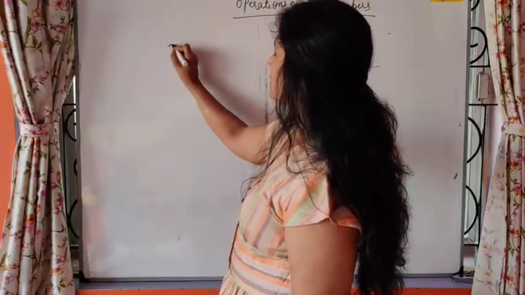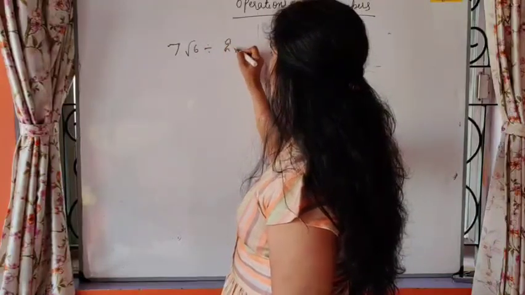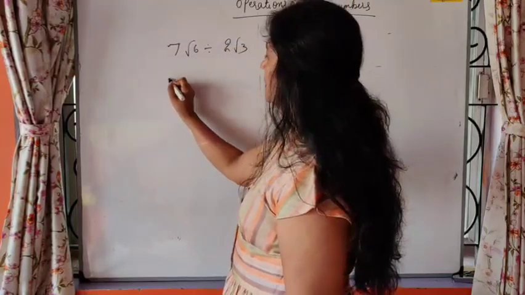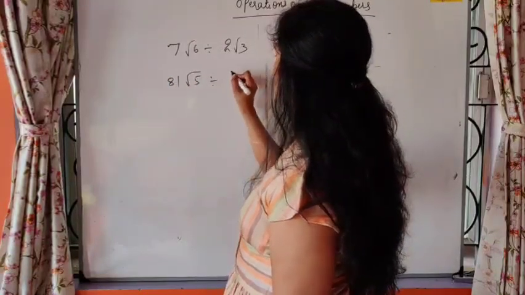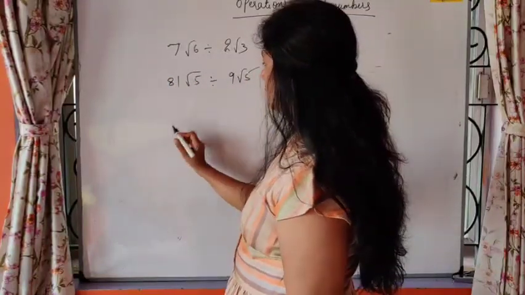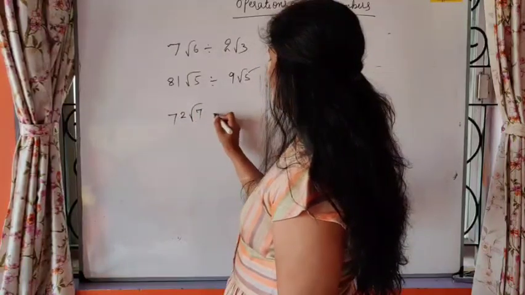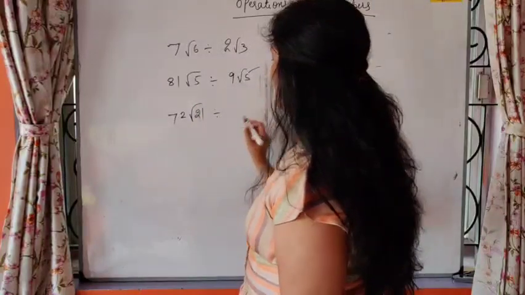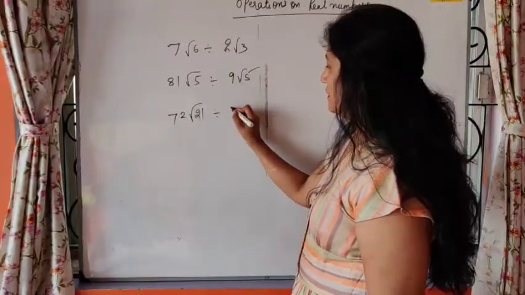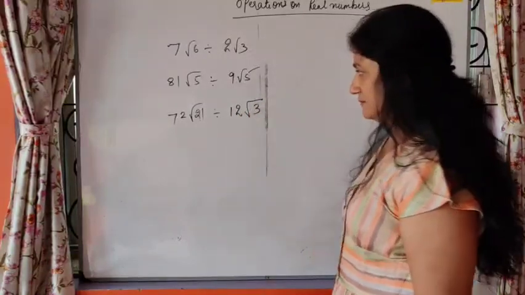Like I say, 7 root 6 divided by 2 root 3. Or 81 root 5 divided by 9 root 5. Or 72 root 21 divided by 12 root 3.